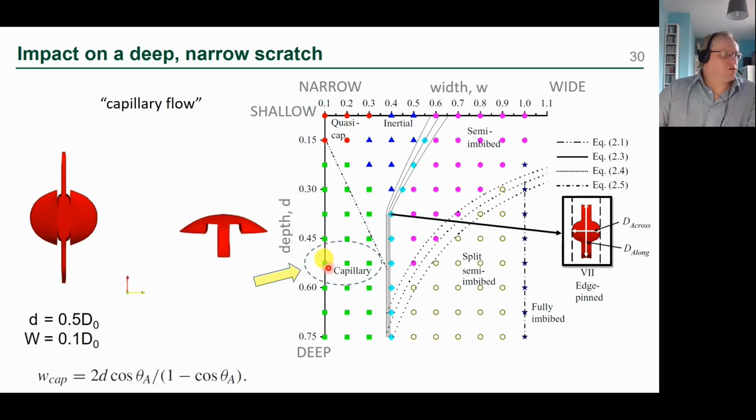So down here, if we make the scratch deeper, we can actually end up with a capillary flow. The droplet will spread initially over the surface, and then it will continue to spread. I don't know if you can see that still moving, that thing there. We could do with a better angle on this, really. The droplet actually continues to spread along the channel, so we call that capillary flow.